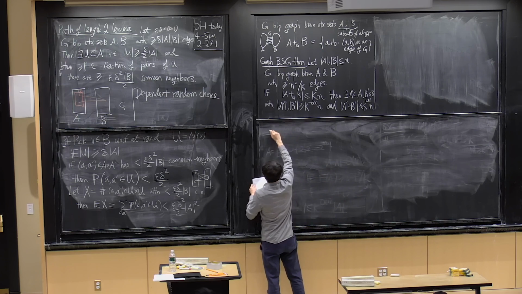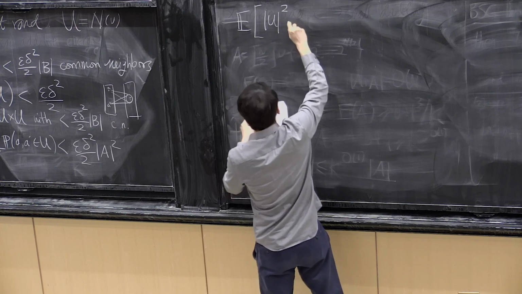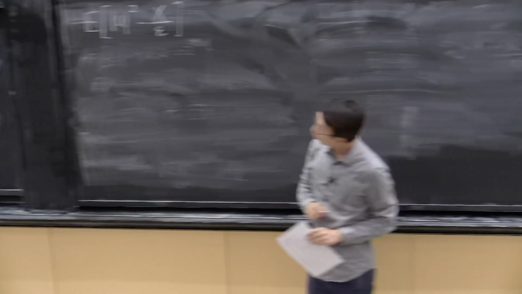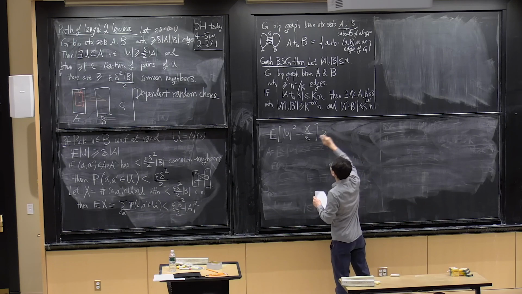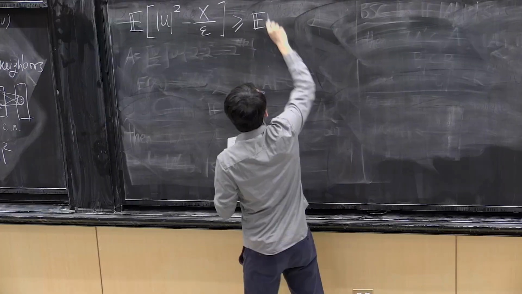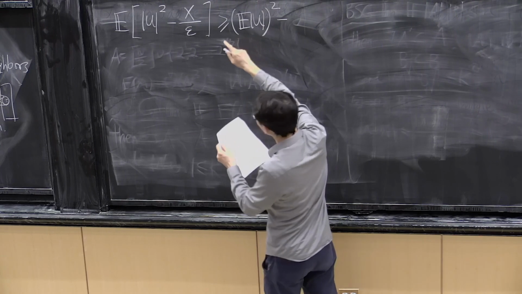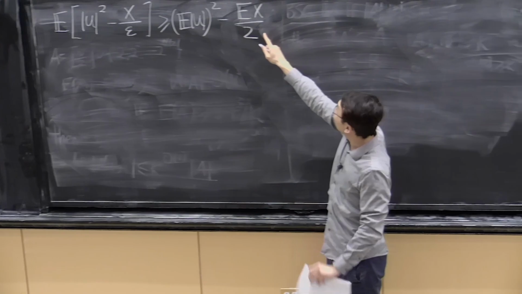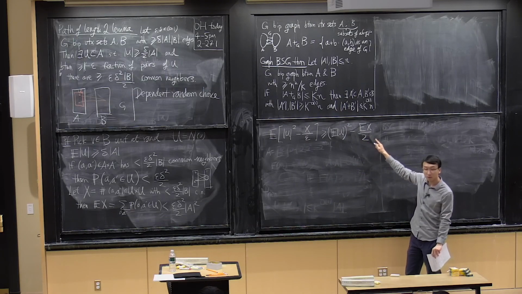And the way to do this is to consider the quantity size of U squared minus X over epsilon. Well, first of all, we can lower bound this quantity because the second moment of U is at least the first moment of U squared. And we also know that the size of X in expectation is not very large.